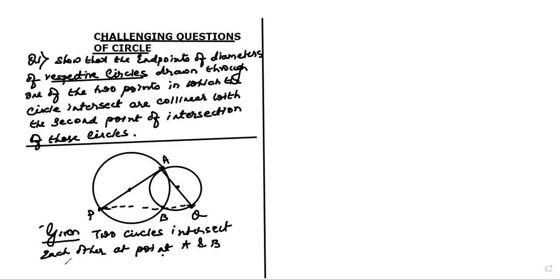So I write: segment AP and segment AQ are the diameters of the circles.